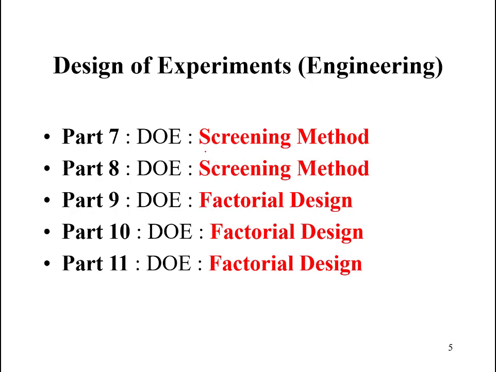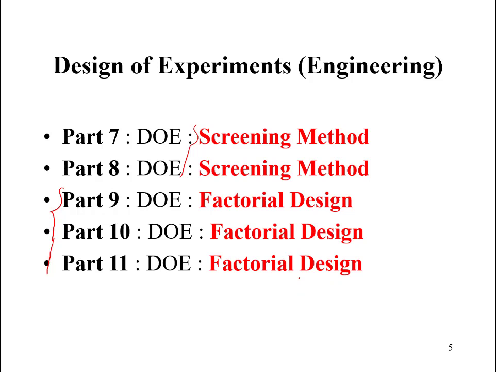In part 7 we will go into more detail related to the different types of design of experiment which we have. We will talk about a screening method in part 7 and part 8. In part 9, 10 and 11 we will talk about factorial design.